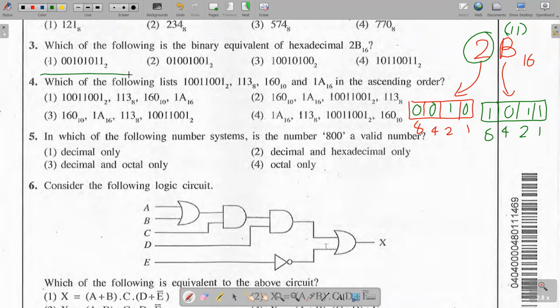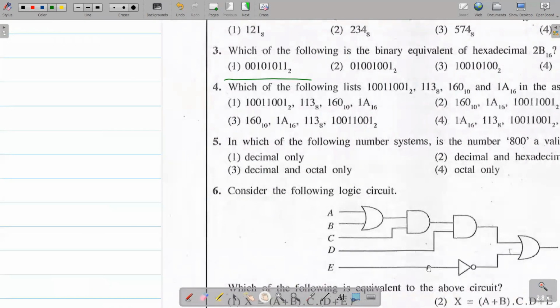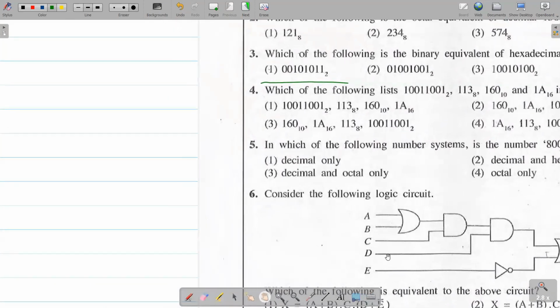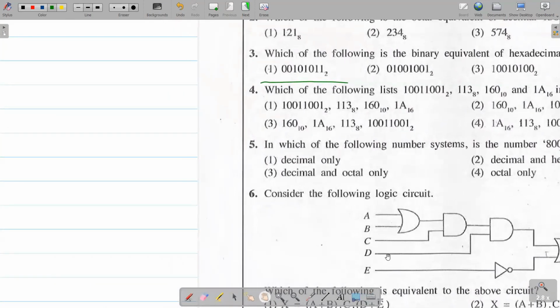Fourth, which of the following list this particular one in ascending order? Yes. So the best way is converting these values into a decimal so you can compare.